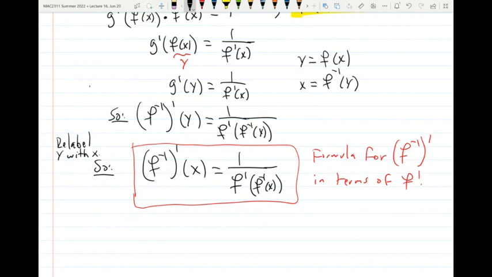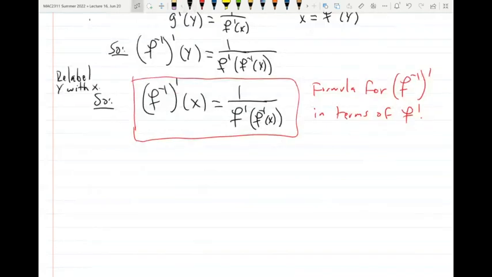Okay? So this is more friendly. So the derivative of the inverse evaluated at some x equals 1 over the derivative of f evaluated at the inverse function. Okay? So this is the y that we have. This is y, which is this one. Okay?